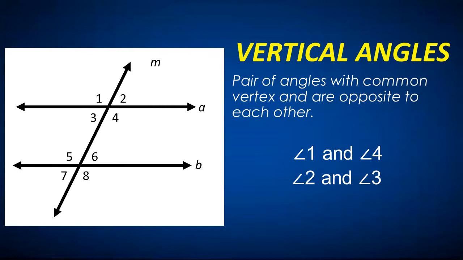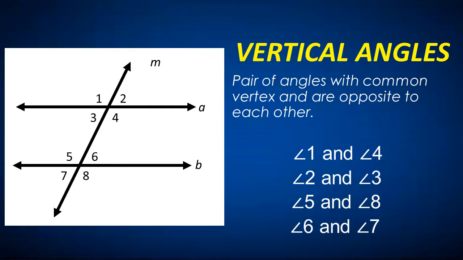They are opposite and they have common vertex. So, check. Next, we have 5 and 8. They are opposite and they have common vertex. And then 6 and 7. So, those are the vertical angles.